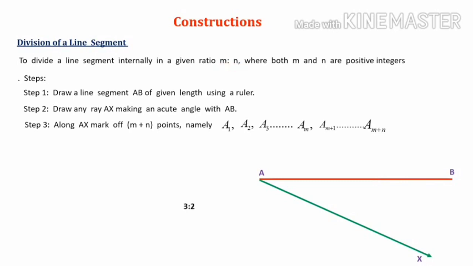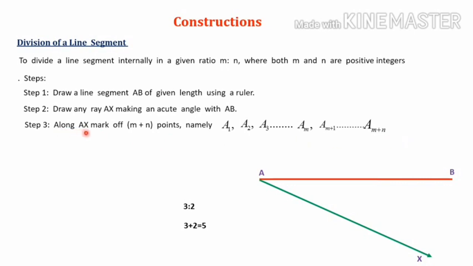For example, if you are asked to divide a line segment into the ratio 3 is to 2, m is 3, n is 2. So quite simple, you have to add m and n, means 3 and 2 we have to add. 3 plus 2 is equal to 5. So we have to divide this AX into 5 equal portions. That's all. That is the meaning of this statement.